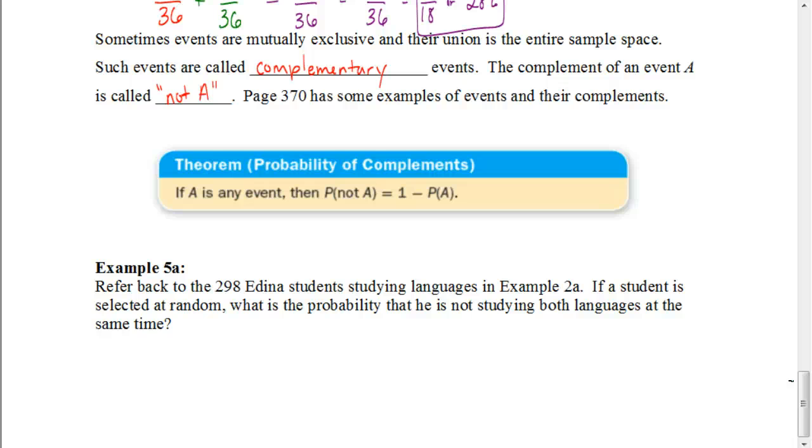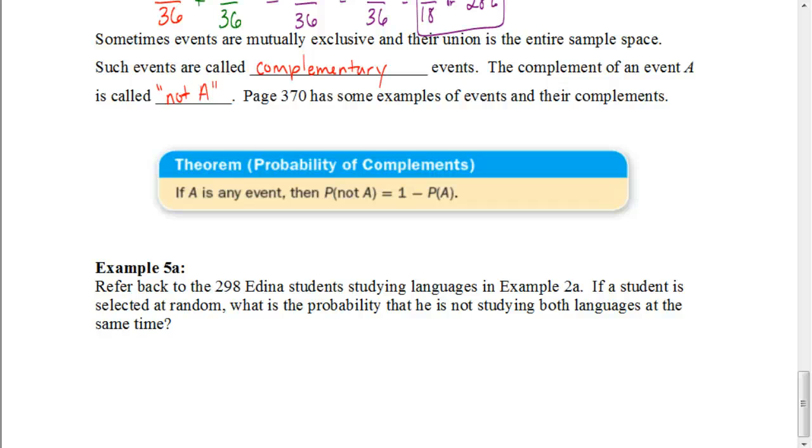To illustrate this, let's refer back to the example with the 298 Edina students studying languages in example 2a. If a student is selected at random, what is the probability that he is not studying both languages at the same time? Remember, we found that there were 26 out of the 298 students that were studying both. That is the event A, because we're looking for the probability that they're not studying both languages.